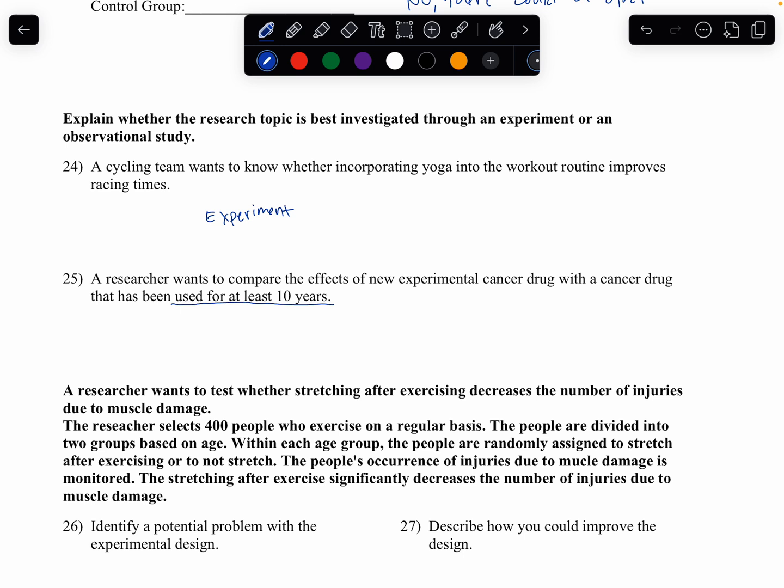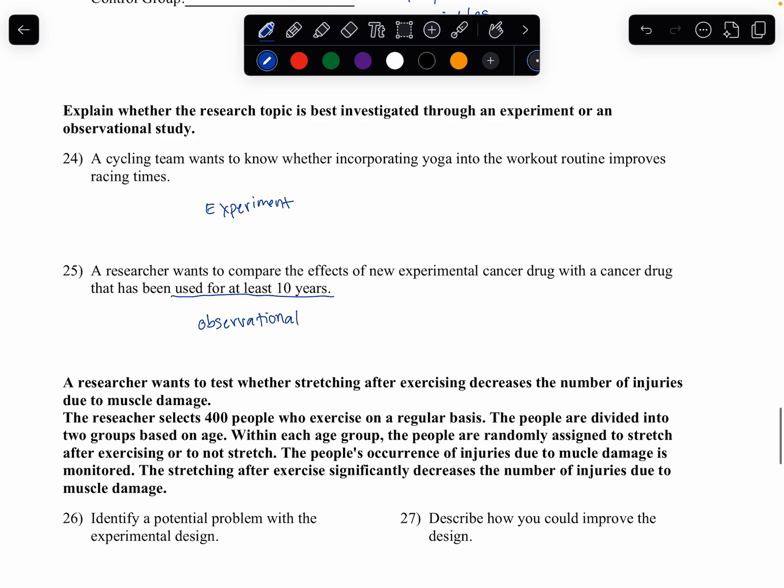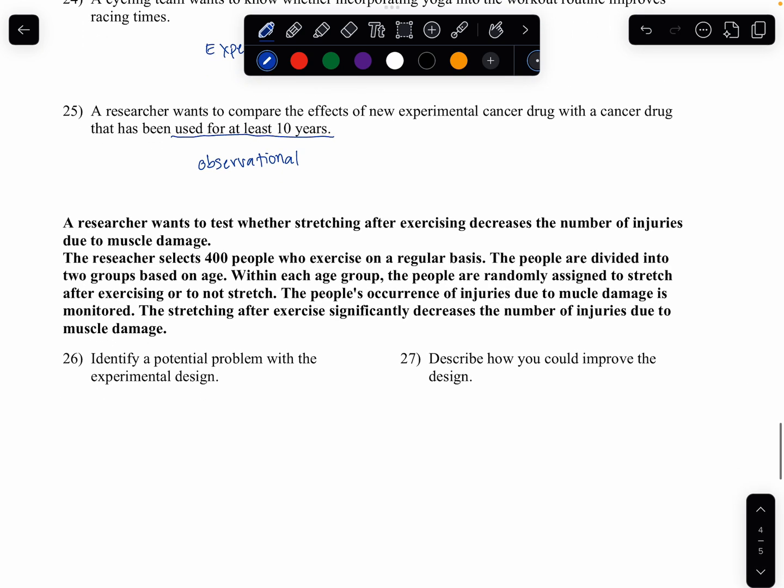You're collecting data that's already there and looking at the data. You're also not creating the groups yourself randomly and having a placebo or a control group and an experimental group. So it definitely does sound experimental, but that would be observational.